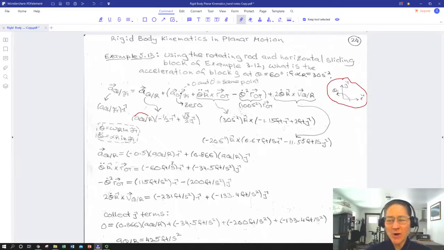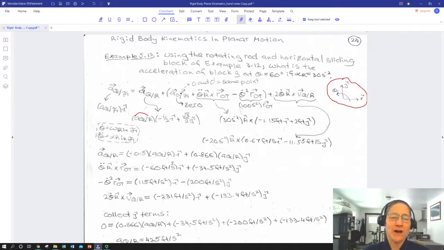Well, in this case, O prime and O are the same point, so that makes it even easier. The acceleration of that origin, that pivot point of rotation of the rod, with respect to the fixed reference frame is zero, because the pivot point is not moving with respect to the hinge that it's pivoting within.